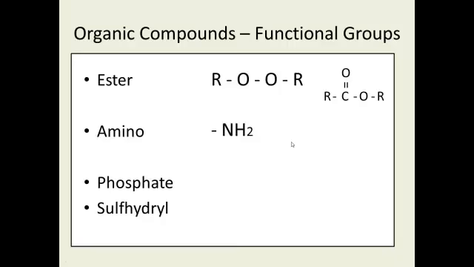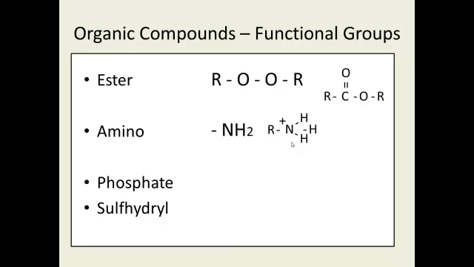Now let's talk about the amino group. This is a nitrogen with two hydrogens. Remember, nitrogens can form 3 bonds. This is what it looks like when it's drawn out. Now this nitrogen has a tendency to pick up hydrogen ions from solution. So this nitrogen has one extra proton in association with it than it has electrons.